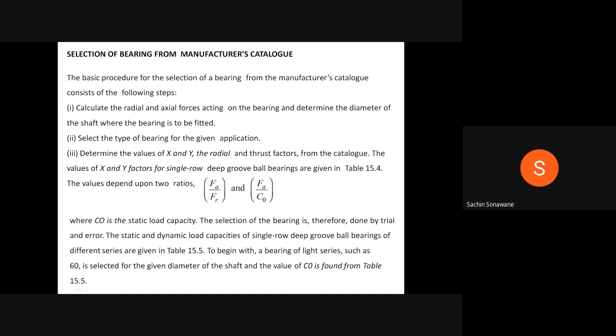The static and dynamic load capacities of single row deep groove ball bearings of different series are given in table 15.5. To begin with, a bearing of light series such as 60 is selected for the given diameter of the shaft and the value of Co is found from table 15.5. Knowing the ratios Fa upon Co and Fa upon Fr, the values of x and y factors are found from table 15.4.